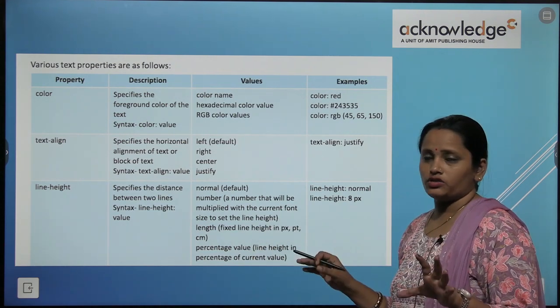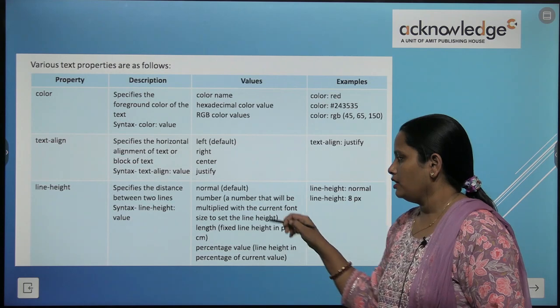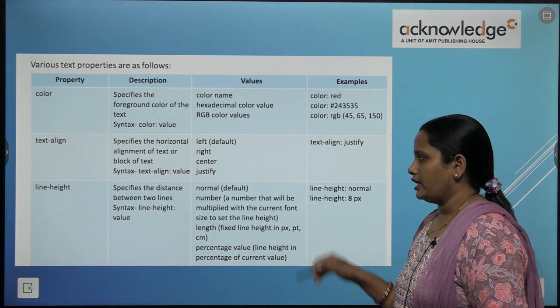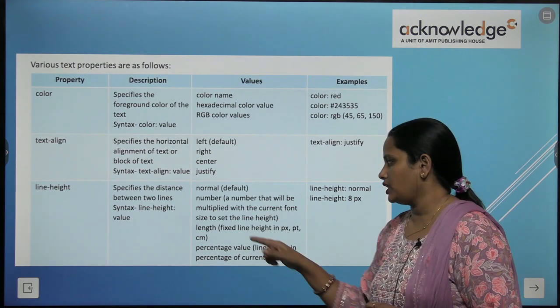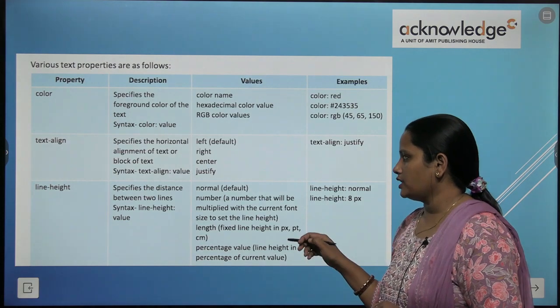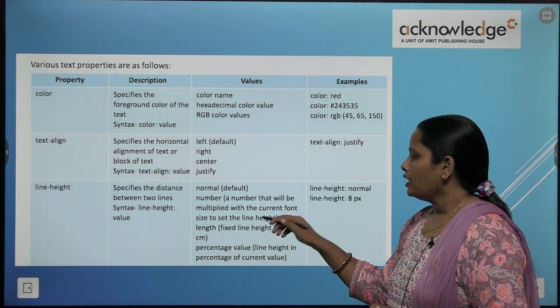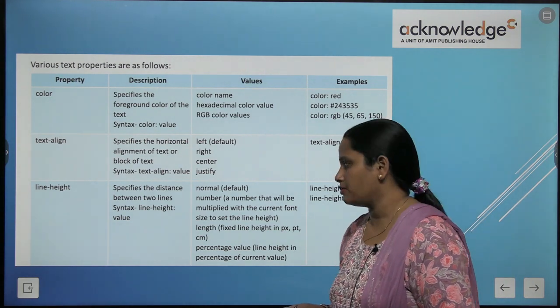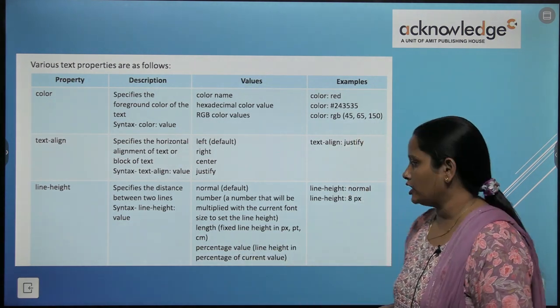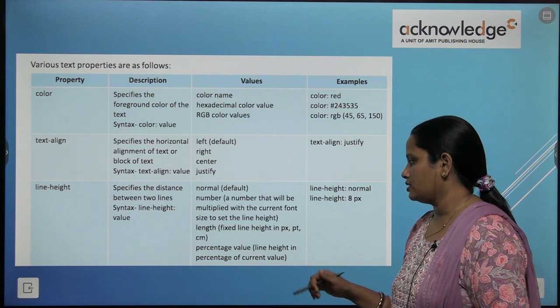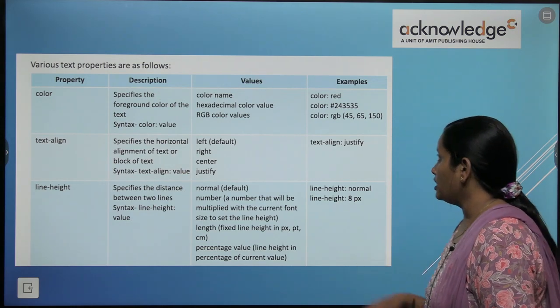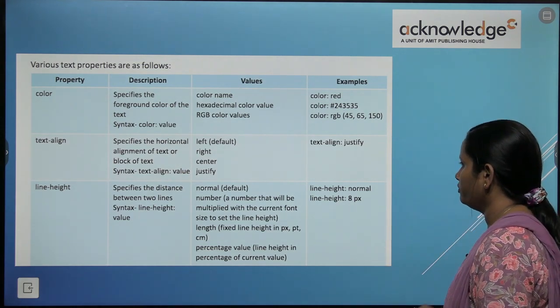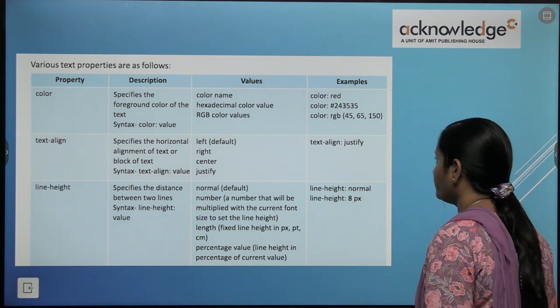So जो भी current font size है उसके साथ multiply with the number for defining the line height. Next, length. Fixed line height in px, pt and centimeter will be given here. Percentage value will be given of the line height. And here it's the example of line height.